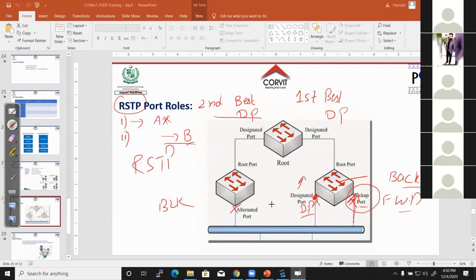But if the second best DP belongs to another switch on the same network, we call it an alternate port. So if this DP goes down, RSTP has pre-calculated the second best DP and immediately puts that alternate or backup port into the forwarding state. So you don't feel any delay or interruption if any DP goes down. So that's why RSTP is very fast.